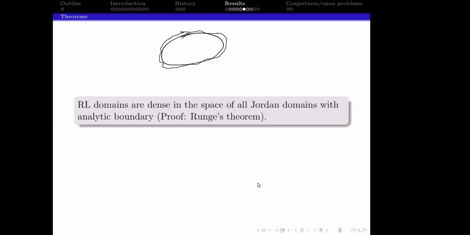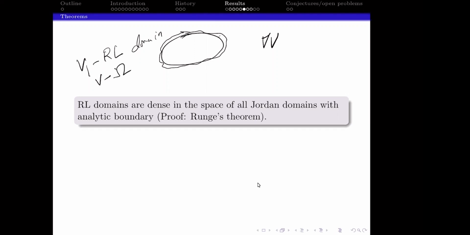So we have proved an upper bound for RL domains, right? So maybe you can think, suppose you have done it for RL domains, and using this fact, can you not do it for all simply connected domains? No, you can't, because Runge's theorem approximation and this denseness is only at the level of controlling the number of critical points. So you have V1, which is the landscape function for the RL domain, and V is the landscape function for our omega.